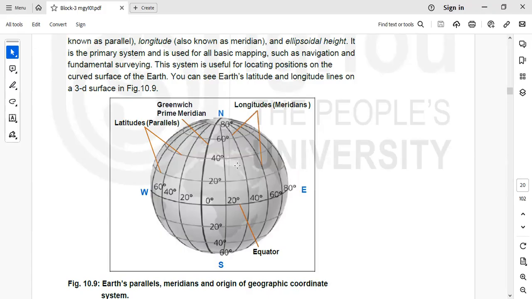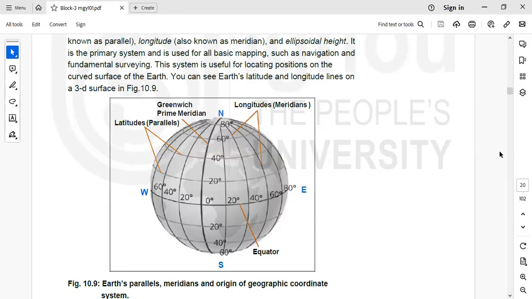And similarly, for the longitudes, we have 360-degree total longitude, and there is a 0-degree longitude, which is known as the prime meridian, and it divides the Earth into two hemispheres. One is the western hemisphere and the other is the eastern hemisphere, and we have 0 to 180-degree longitude on the western side and 0 to 180-degree longitude on the eastern side.